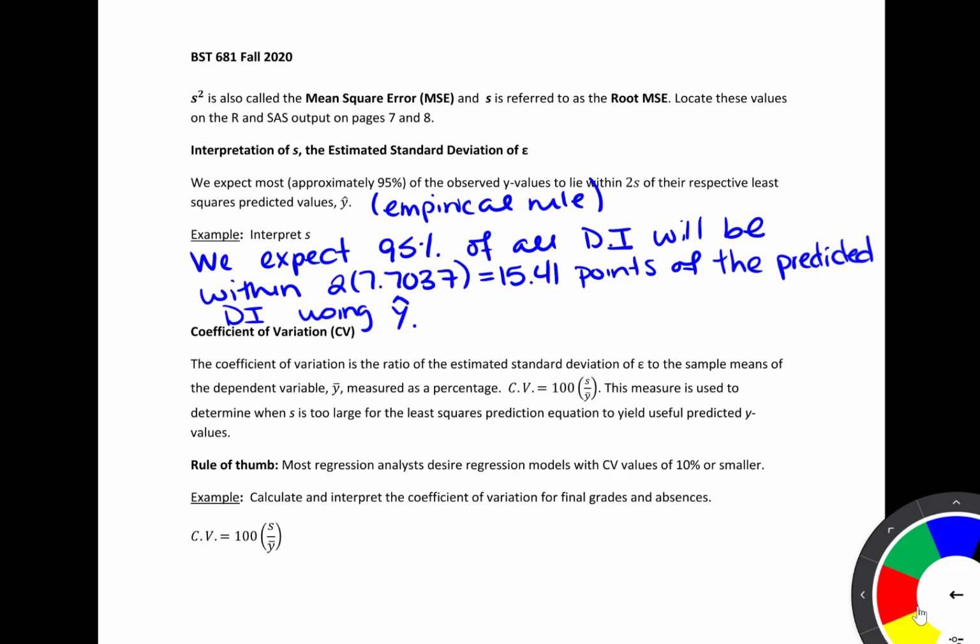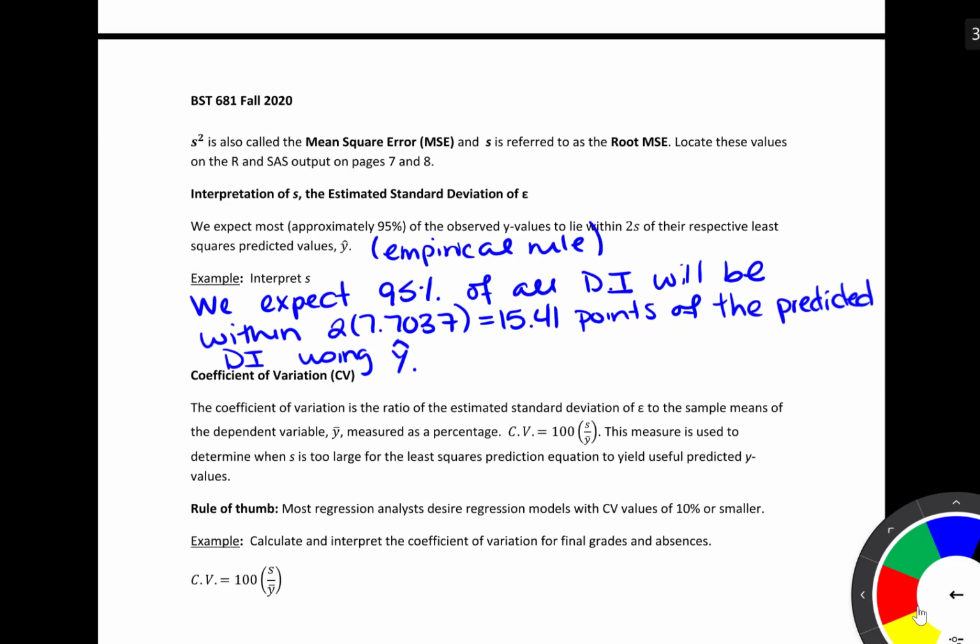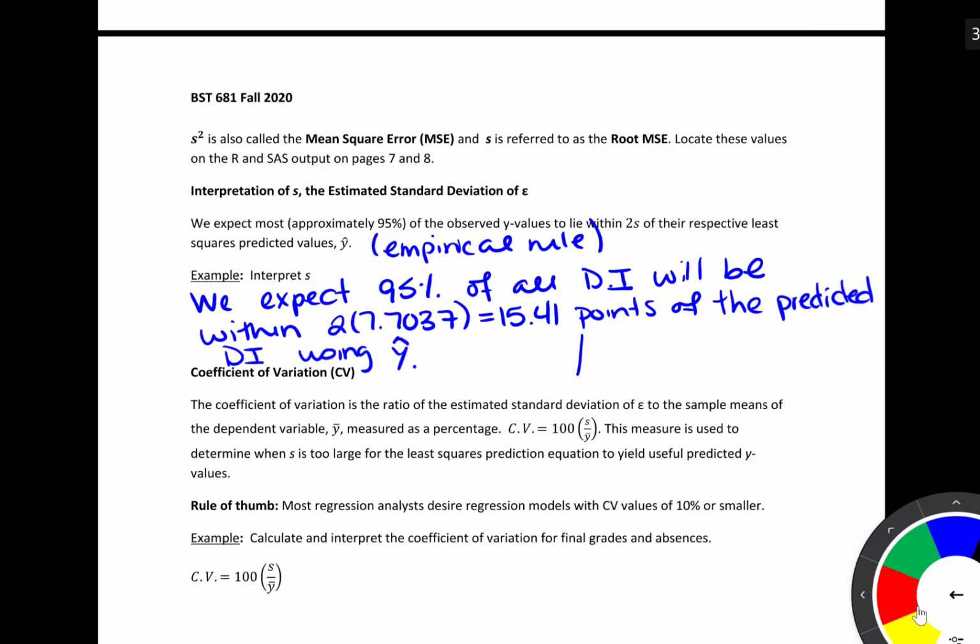So here we expect 95% of all of the delinquency index values will be within 15.41 points of the predicted delinquency index using y hat. If you'll remember, we had this picture in the previous note set where we had our line, and this wasn't the line for this particular example, and it looked like as we went across different values of x, we had these normal distributions that went through the line.